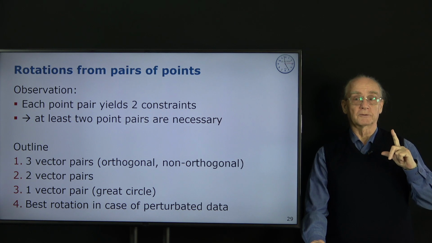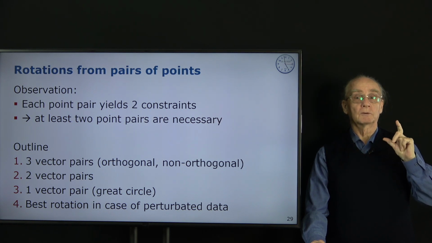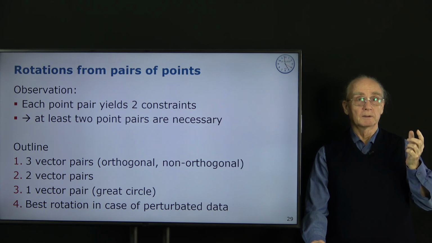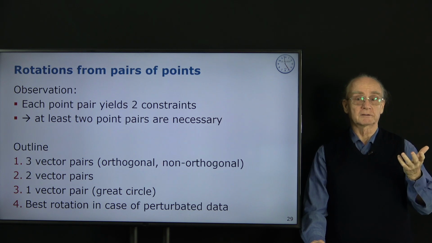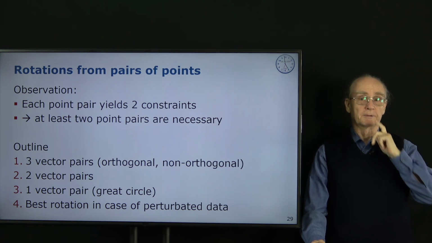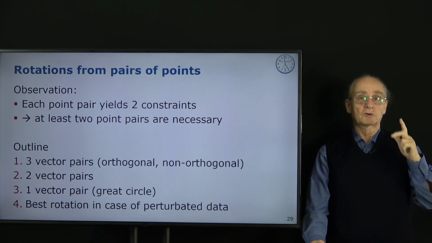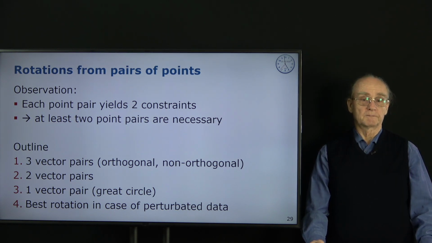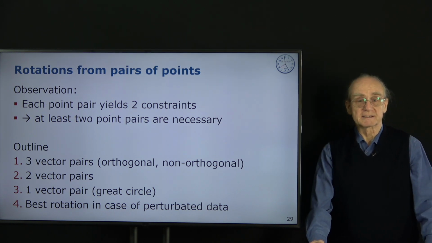So it's 2 parameters. If we have only A prime and A double prime, we have only 2 constraints, though these are 3 vectors. That means we will not be able to have a unique solution if we have only 1 point pair. But if we have 2, it should be possible. So at least 2 points are necessary.